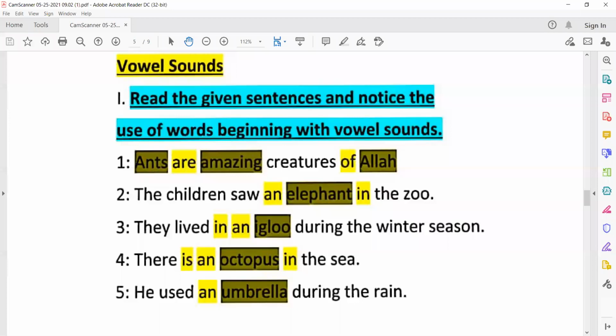K. So k is not a vowel sound. This is a consonant sound, right? Now look at the preposition of. O. It gives us the sound of O. Of. So this is a vowel sound. Allah. A. It also gives us a vowel sound, right?